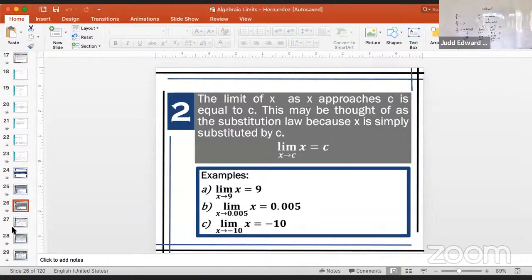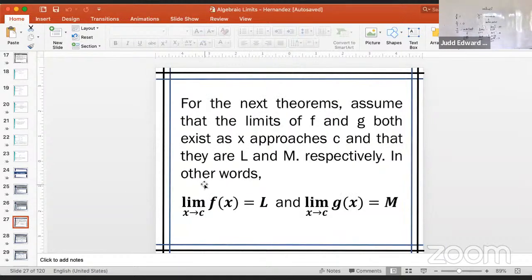Okay? Next theorem. So for the next theorems, assume that the limits of f and g both exist as x approaches c and that they are L and M. Okay?